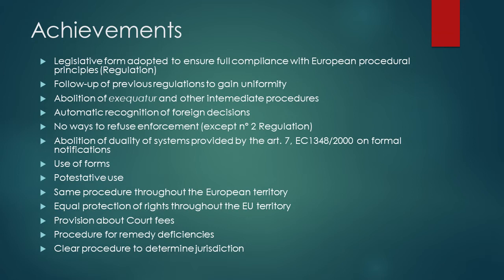So the optional use allows the litigant to decide whether it's better to go to a swift, much more simple procedure, with some risks we're about to see, or on the contrary to go to an ordinary procedure following the rules depending on the nature of your claim.